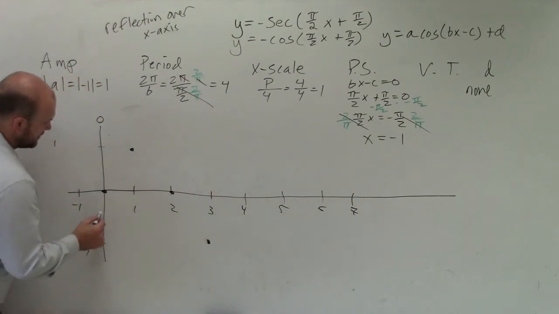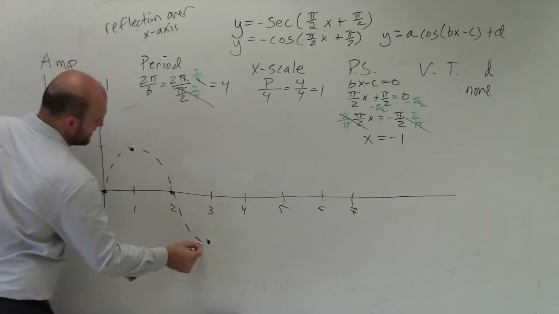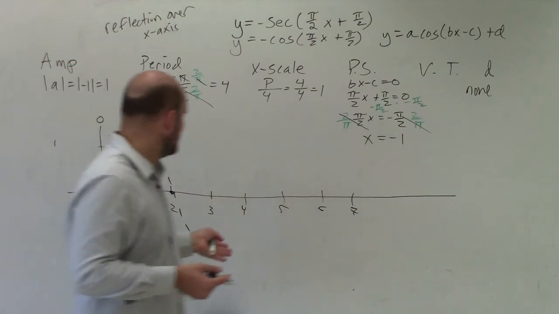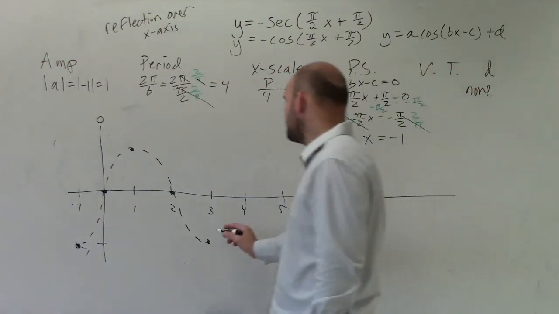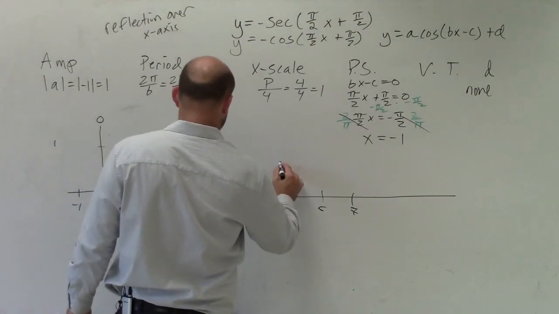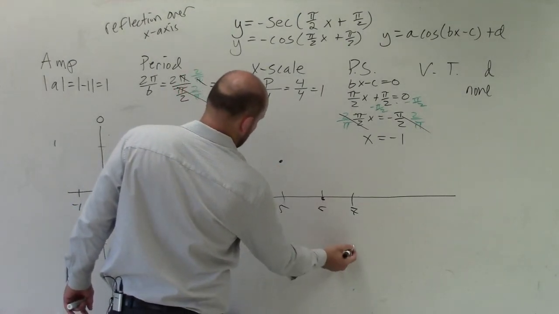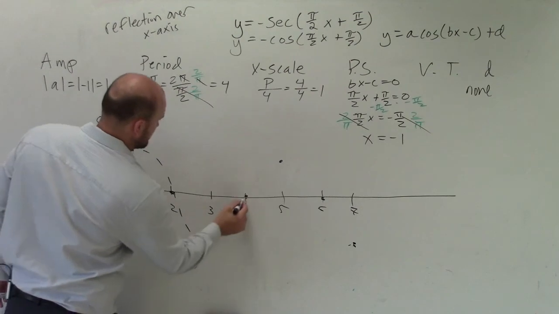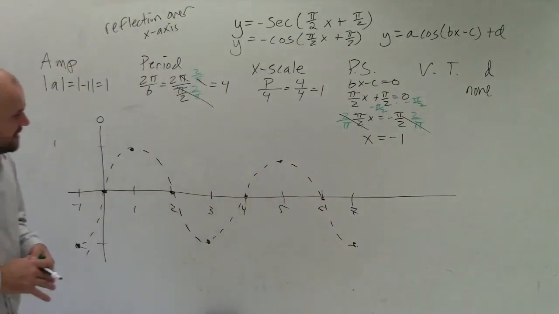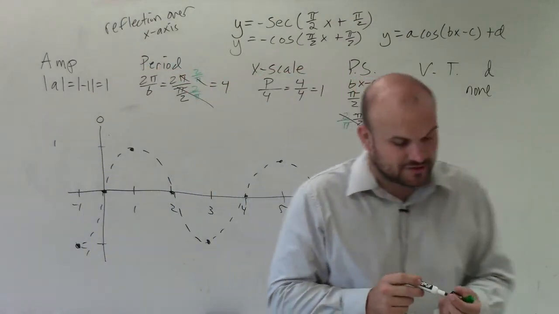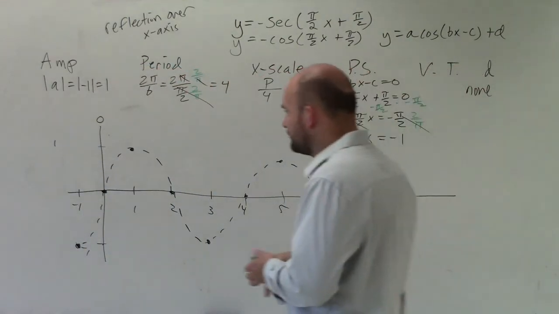And let's just go ahead and graph this in and see if this makes sense for the initial period. Does that look like the graph is ready to repeat itself, exactly consisting of 1 period? Yes, it does. So then I'll just continue this pattern. OK, perfect. So you can see that now I have graphed 2 periods of the cosine graph.